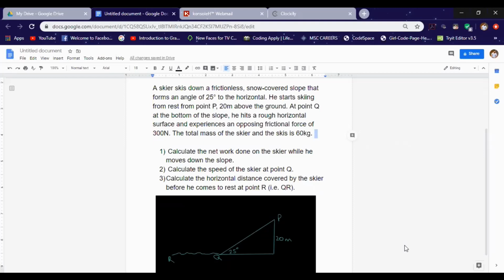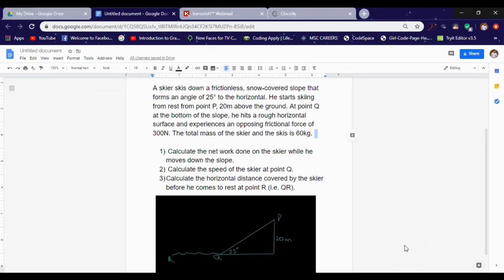Again, there are 2 ways to do this, but now when we're looking at calculating speed, we know that as the skier is moving down, he must have some form of kinetic energy. Also, we know the speed at which he started. How do I know this? It says he starts skiing from rest.